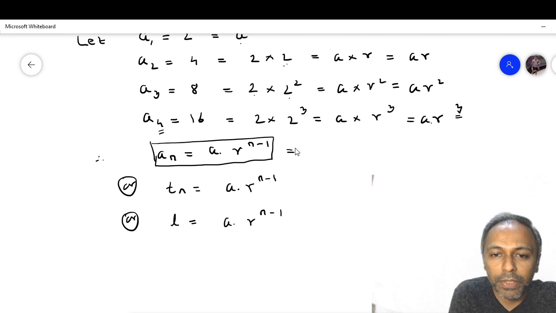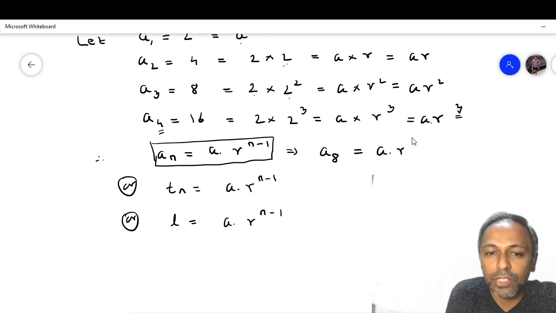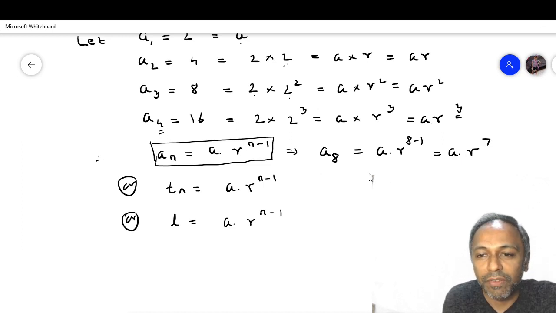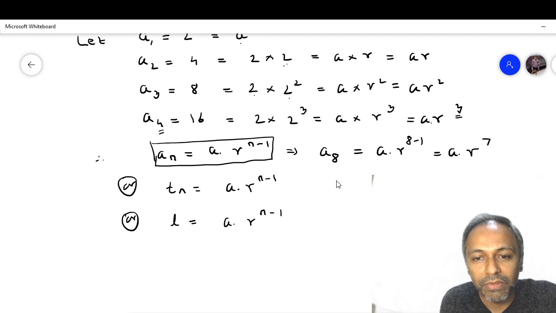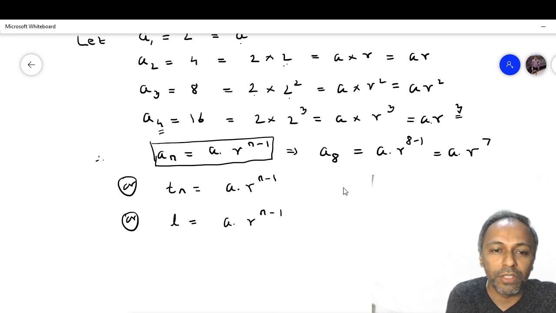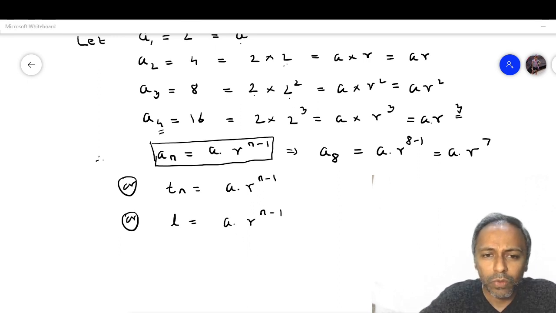From here we can interpret some simple examples: if you come across a8, then the result can be thought of as a r raised to 8 minus 1, which is a into r raised to 7. So when problems arise, while we solve the questions further, we will be using these results directly.